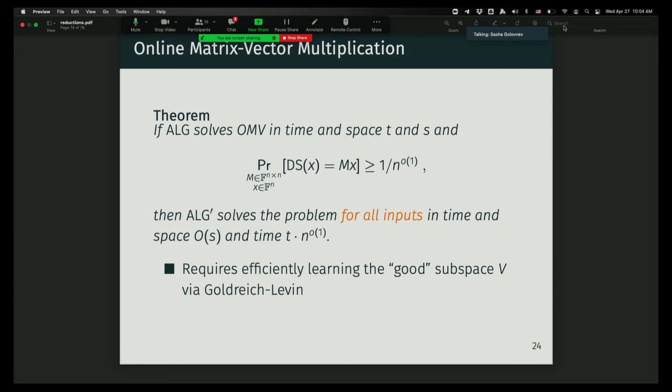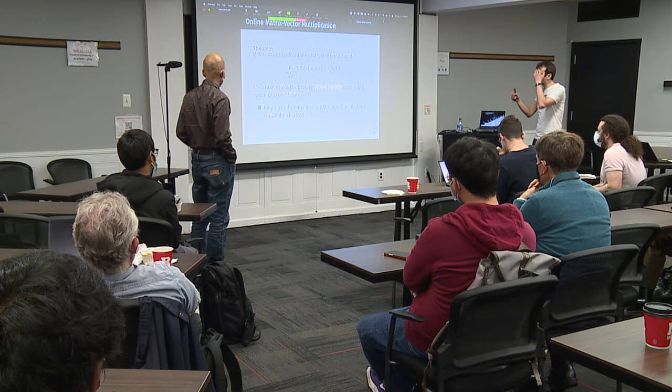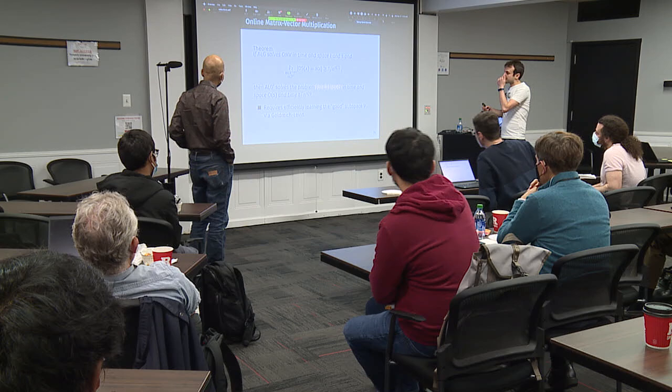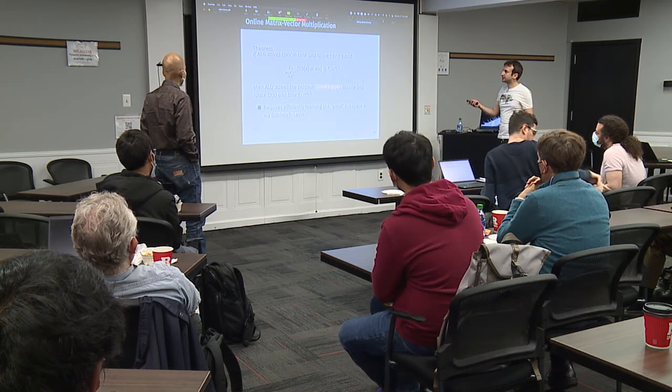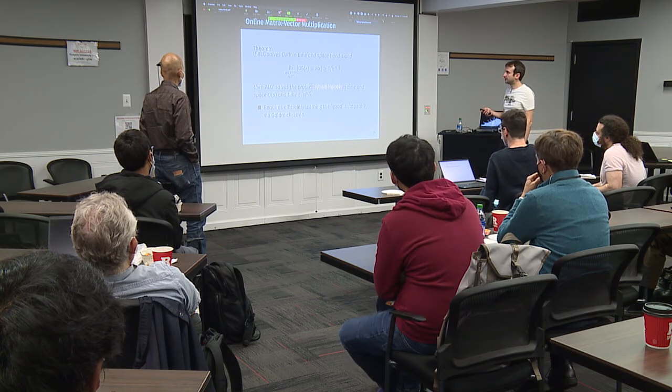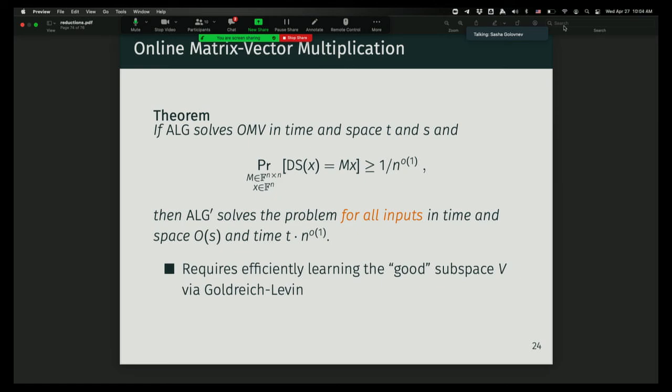This requires, actually, recall this good space V. It exists, but for certain applications, for example online matrix vector multiplication, we need to learn this space V, which has small codimension, and succinctly represent it. We can represent it by a basis for its orthogonal complement, and we need to find it efficiently.